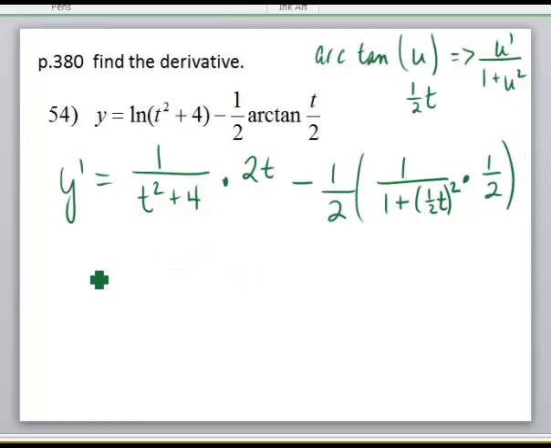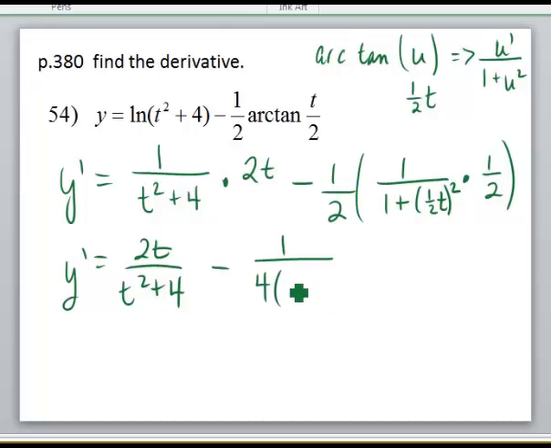So what I'm going to be able to do is simplify this to be 2t over t squared plus 4 minus, I end up getting 1/2 times 1/2, which is 1/4, and then I'd have 1 plus 1/4 t squared.